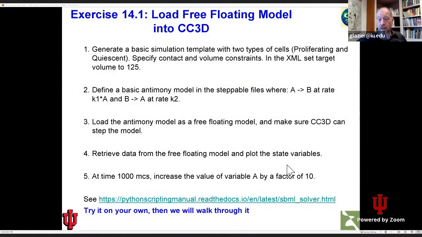Okay, so let's actually do a little bit of an exercise. I think the way I'm going to do this is I'll give you the exercise. I want you to think about it, try it out. And then I've got a set of slides that'll walk you through my solution to it. And then I want you to go back and finish it up if you hadn't done it. So what we'll do is I'll give you the exercise.